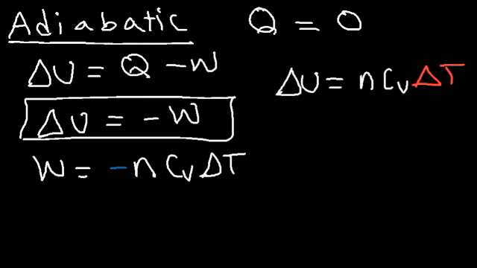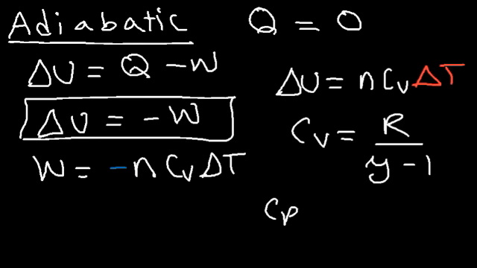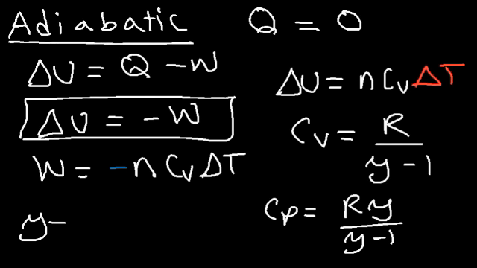Now keep in mind, you can find CV by using this equation. It's equal to R over gamma minus 1, where R is 8.3145. And CP is equal to R times gamma over gamma minus 1. And gamma is the ratio between CP and CV.